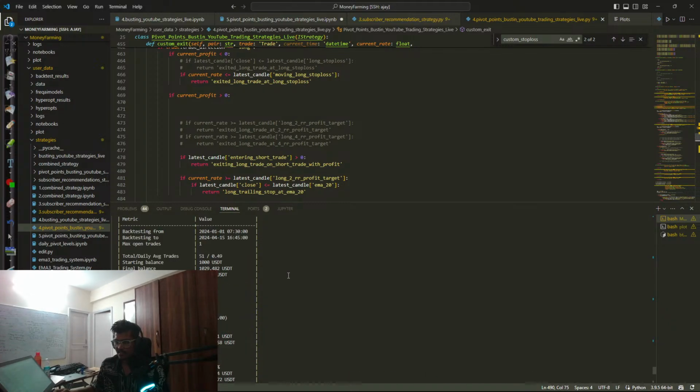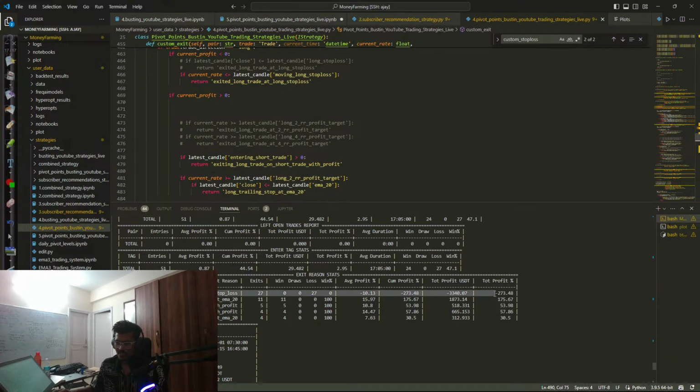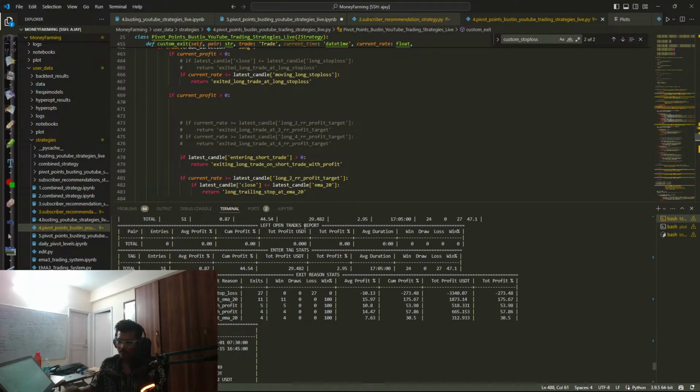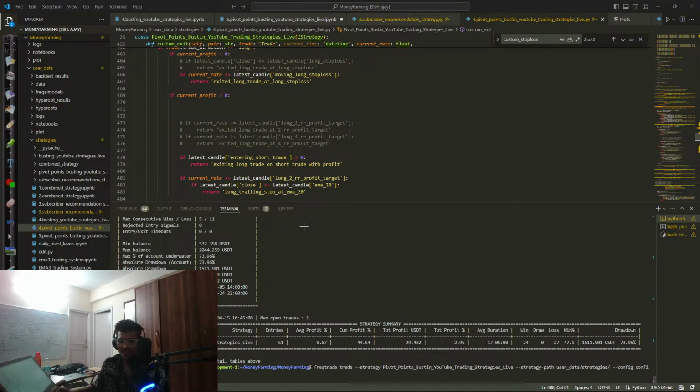Yeah, it still didn't perform well. Win rate increased, but you can see it only exited on stop loss. So what is going wrong? In order to see that, we go to the live chart and test it.